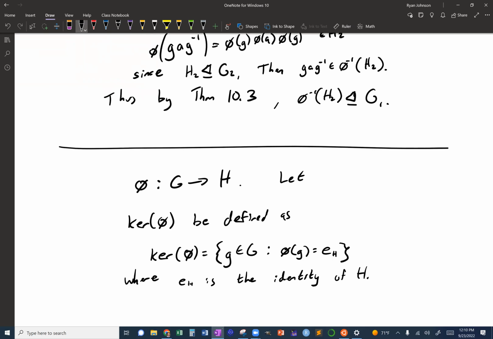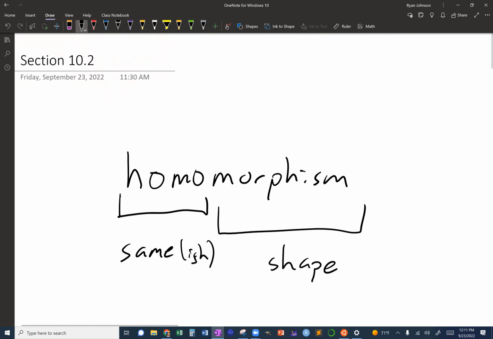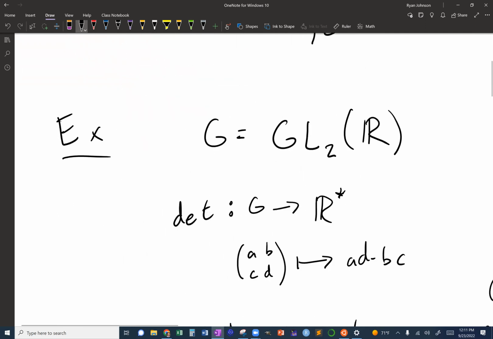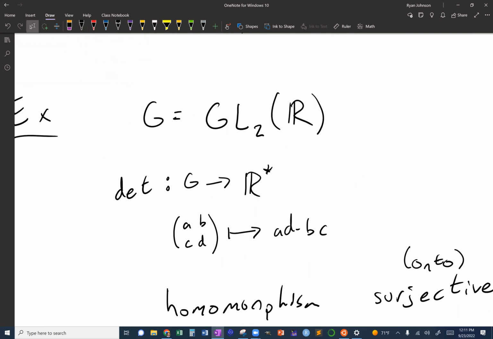Okay. So before I go any further, let's go back to the examples from the beginning of class and compute the kernels. I was writing with very big handwriting up here. So in this example right here, what is the kernel of this homomorphism? Which matrices are getting sent to the identity?